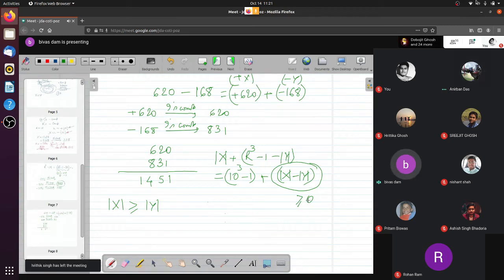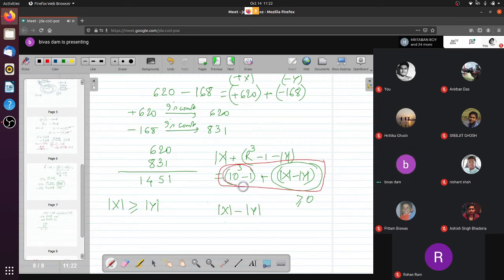So if I want mod of x minus mod of y from this, I must nullify this, that means I must try to forget about this 10 to the power 3 minus 1.